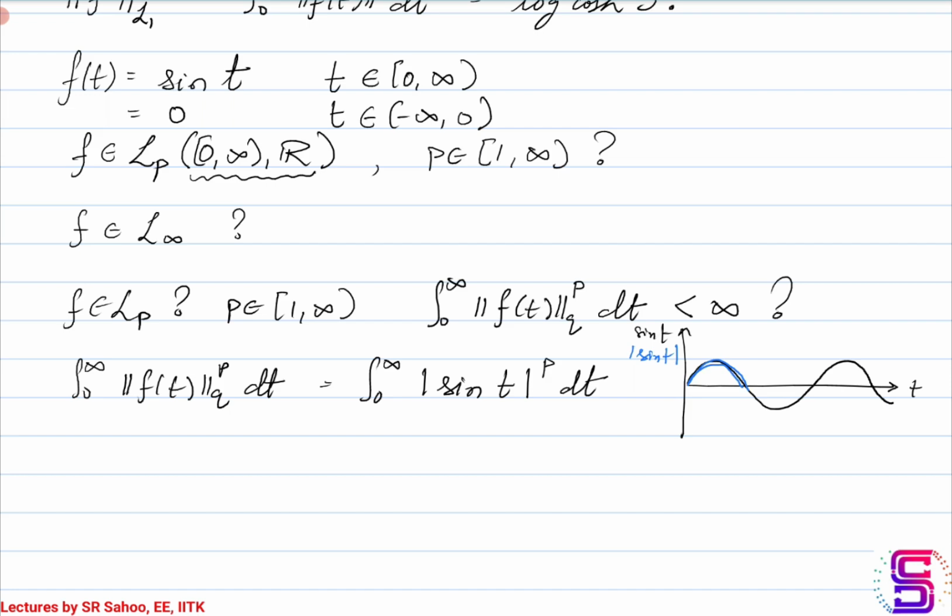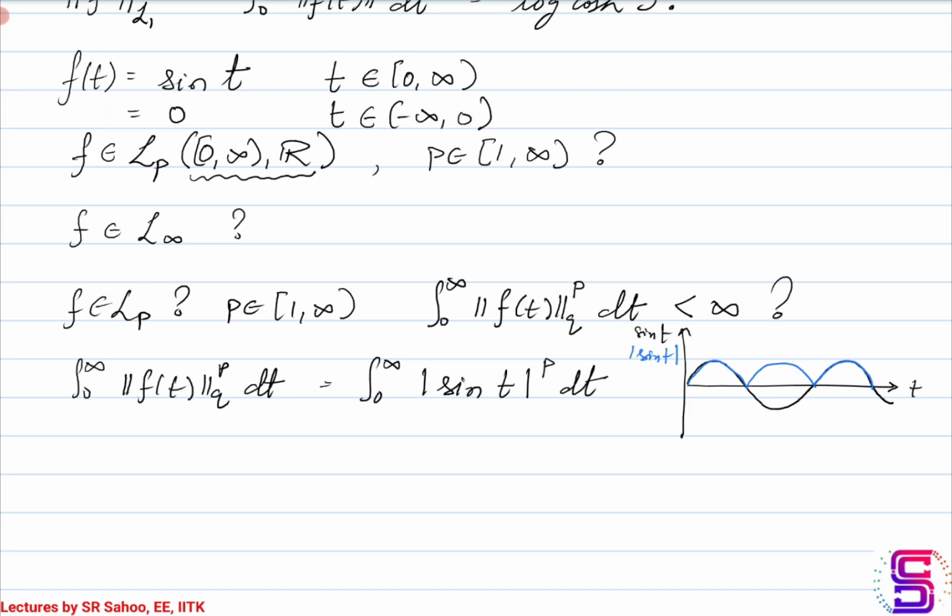I'll draw it again. The positive part remains positive, the negative part comes up, and then you are raising it to the power p, so accordingly the power p will basically change the value of sine t.